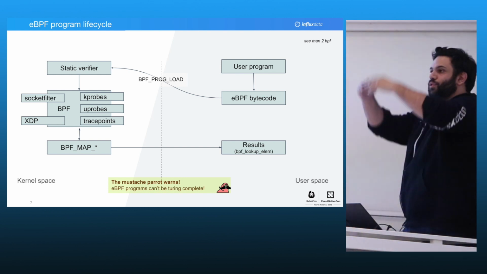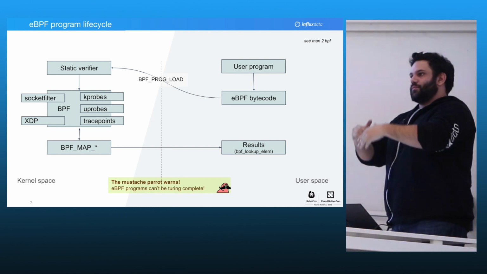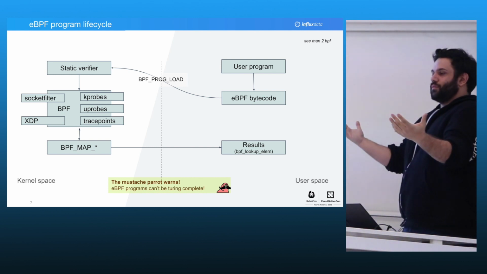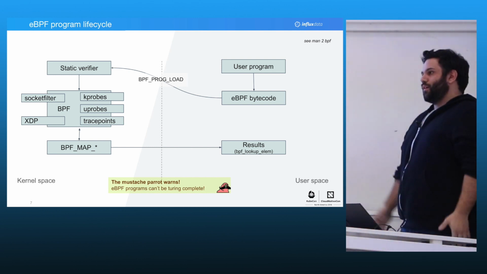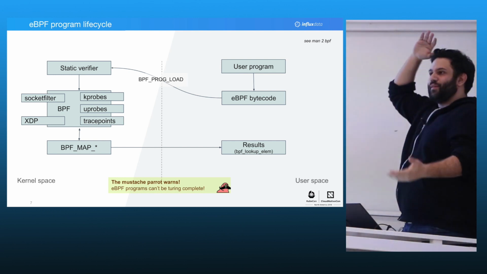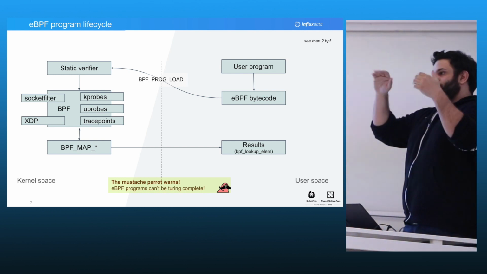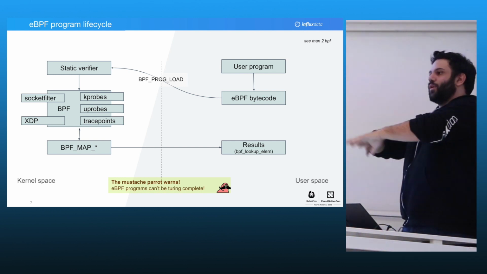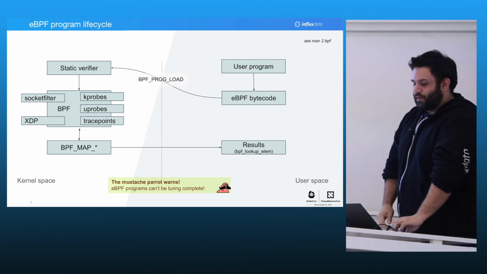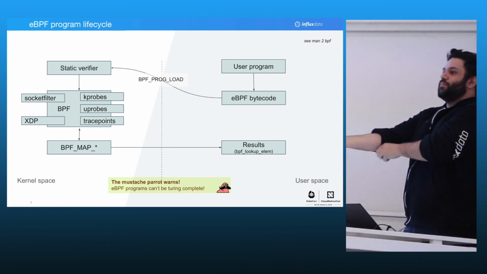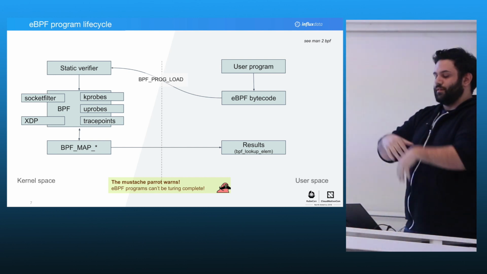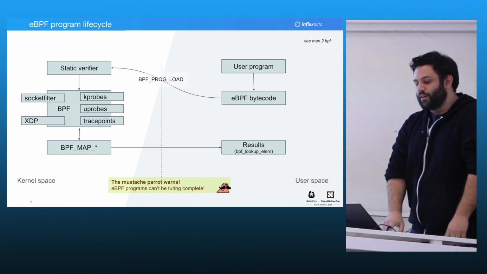So the idea is that you have a user program that generates BPF bytecode by compiling it, or that has the BPF bytecode in a variable or whatever, that calls the BPF syscall to load your program with this BPF prog load.